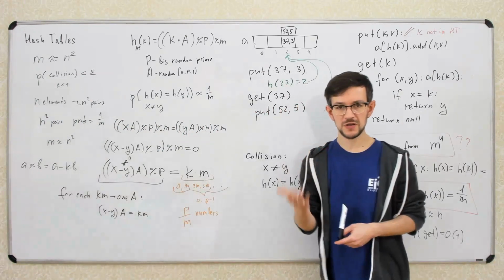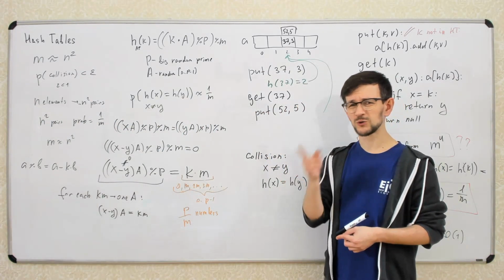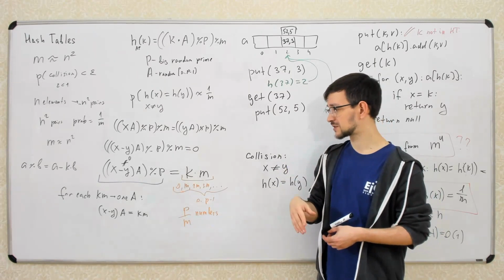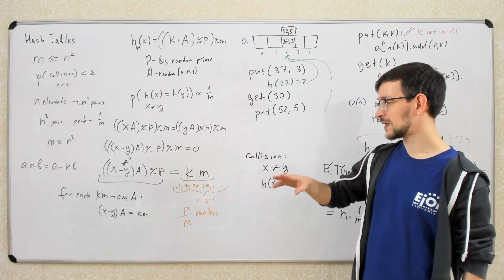That's basically because P is prime. You can divide modulo a prime. We'll talk about how to do it in future semesters; now it's not very important.